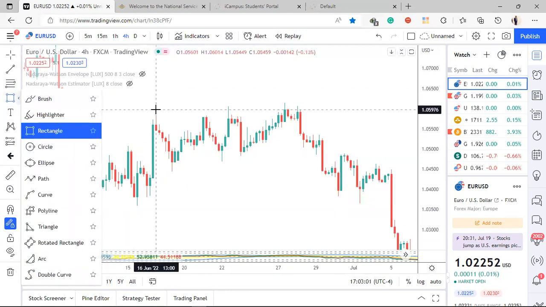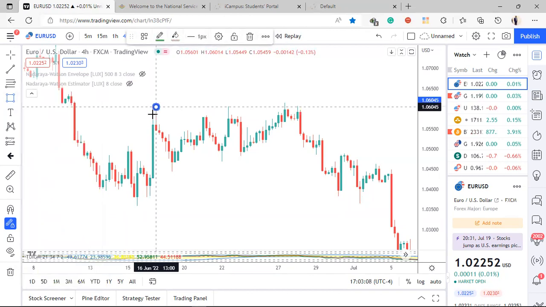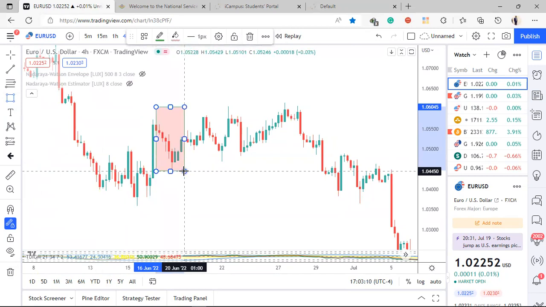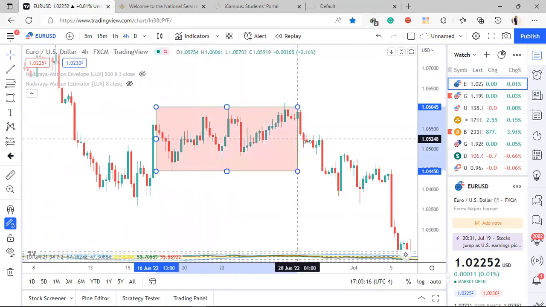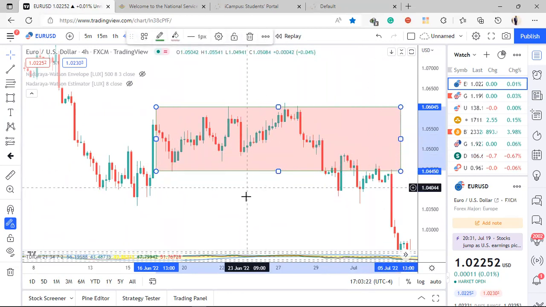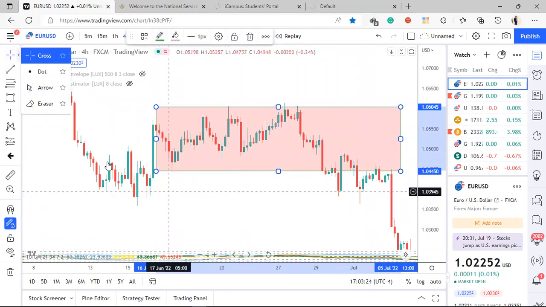You can see that from here, when you want to draw a support level, you pick the high and the low. Then you drag it all the way here. So now look at something.